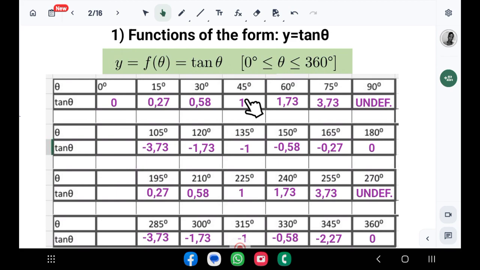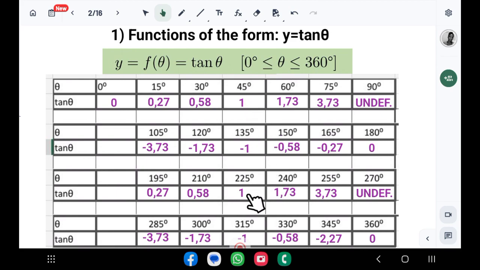Notice that every 180 degrees, you duplicate that point. So not only are your x-intercepts 180 degrees apart, your other milestones are also 180 degrees apart.